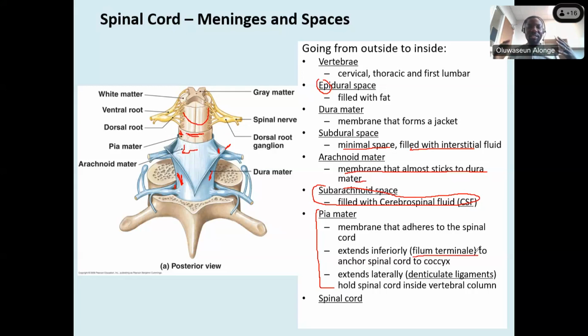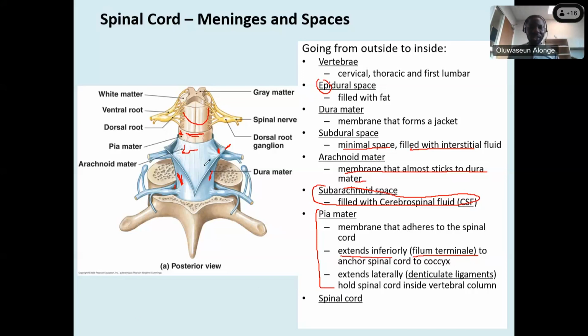Think about it as a terminating point, filum terminale. All right. So the pia mater is a membrane that adheres to the spinal cord. It extends inferiorly to the filum terminale, which is where it anchors the spinal cord to the coccyx. And I'll show you that.